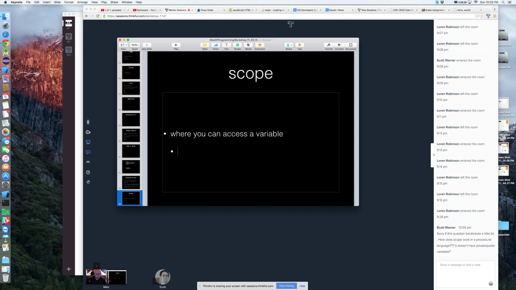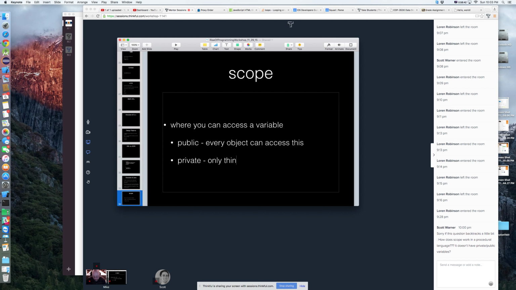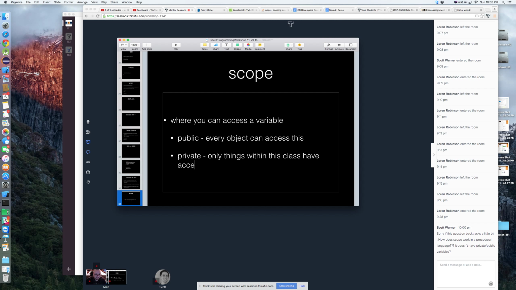So if we think about public, private, protected, what does public say? Public says every object can access this. Private says only things within this class have access.